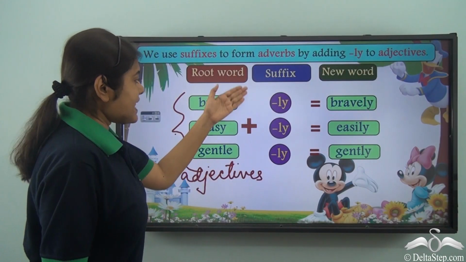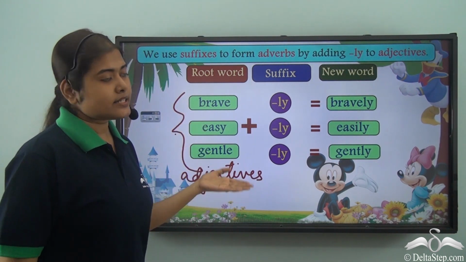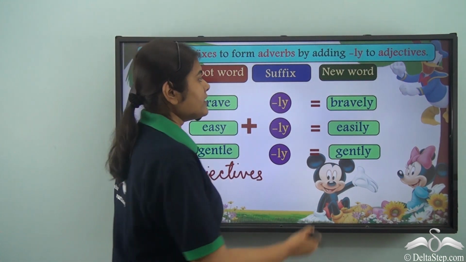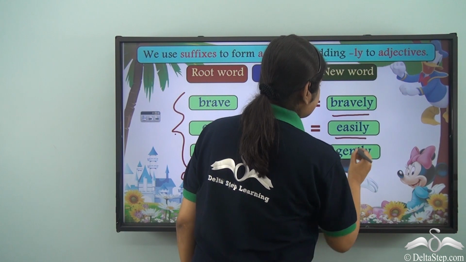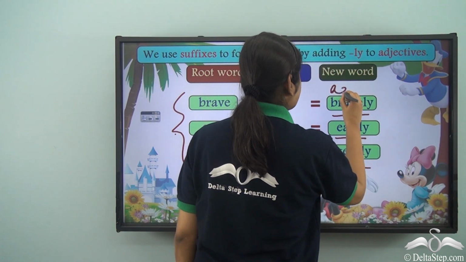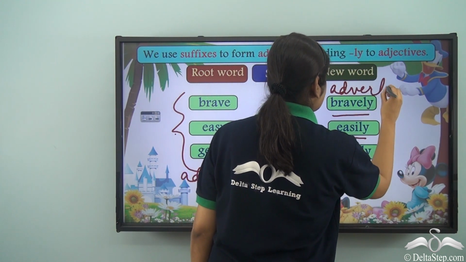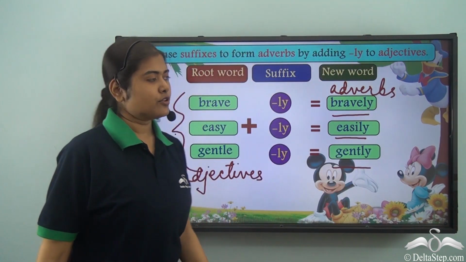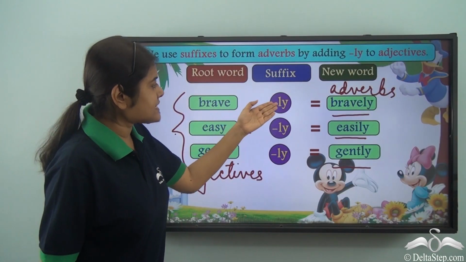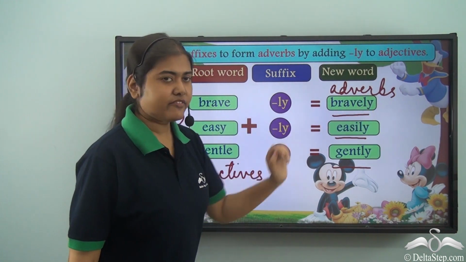So, when I add ly to each of these words, the words that we get are bravely, easily and gently, and all these are adverbs.